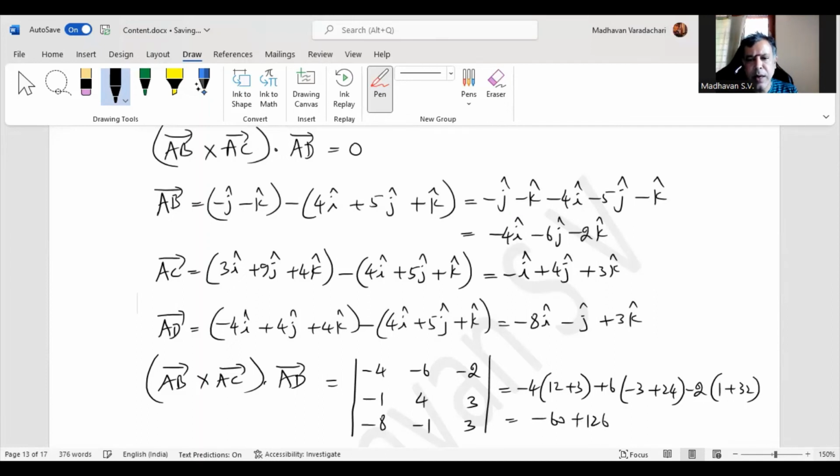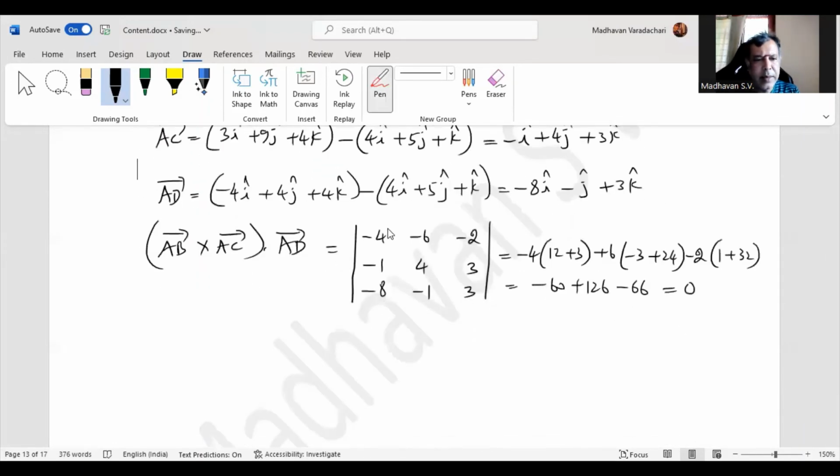So it is 126. 33 into minus 2, it is minus 66. So the result is 0. So that is what we have to prove. Hence, we can say A, B, C, and D are coplanar. That is how this problem is proved.